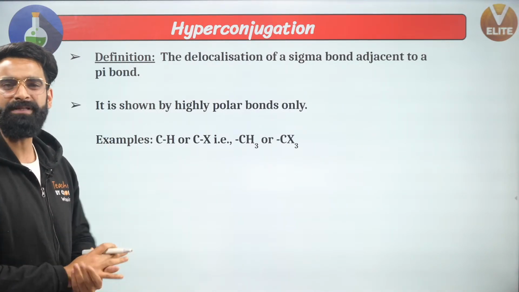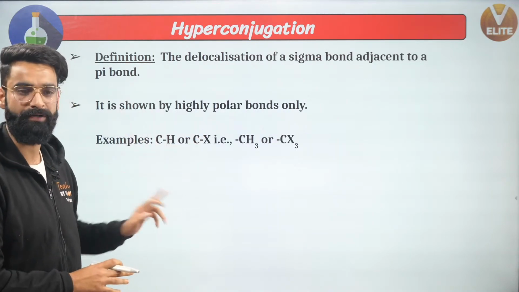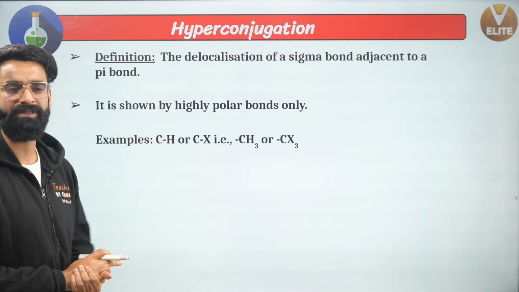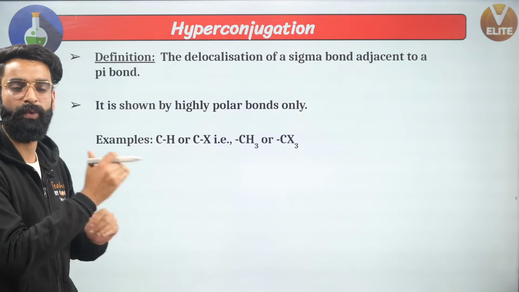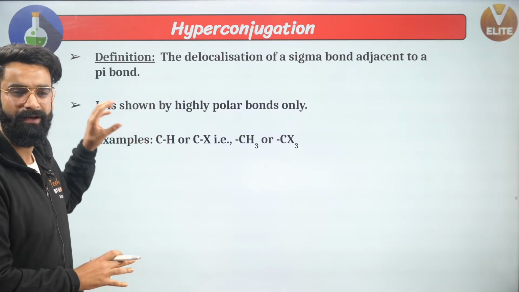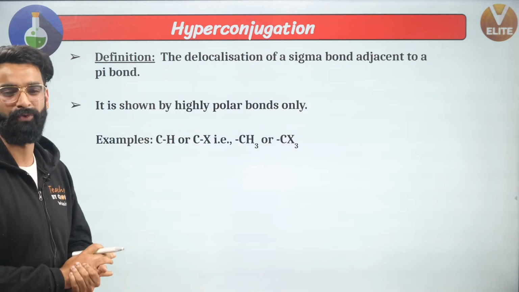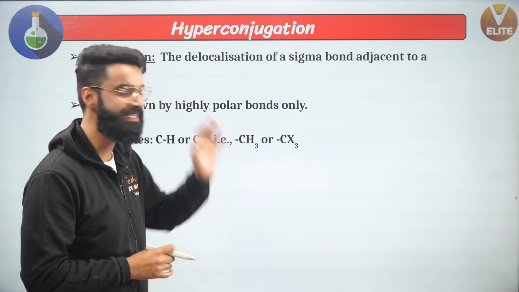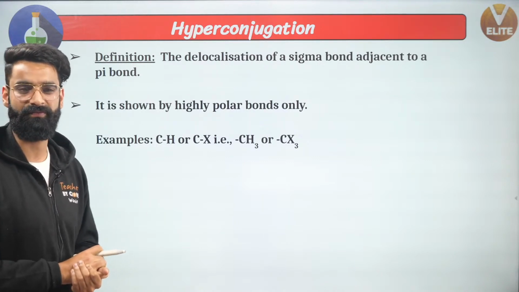Examples are the CH or CX bond, where X is a halogen. The hyperconjugation which I'm going to talk about in some time is shown by these CX or CH bonds, which are considered to be highly polar. That's why your CH3 group and your CX3 group are going to show the hyperconjugation effect.